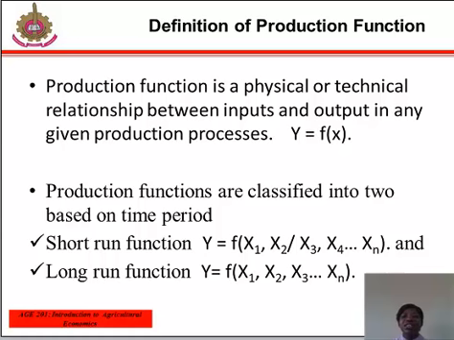The uses of agricultural production function are that they serve diagnostic purposes, to diagnose input and output relationships within sampled farms.